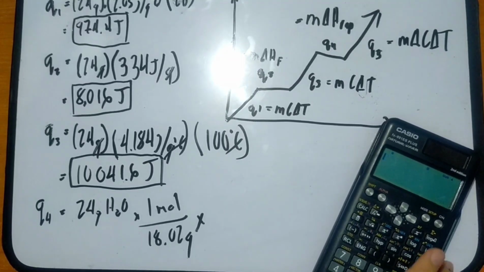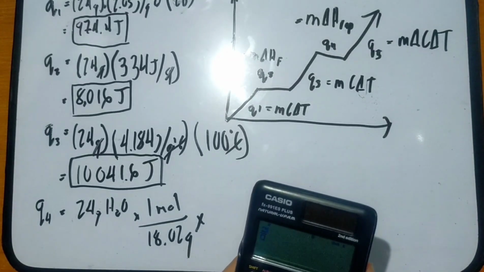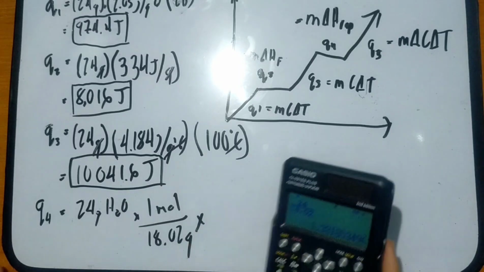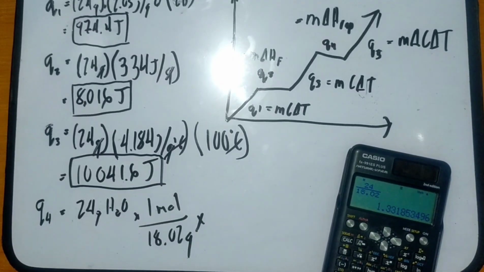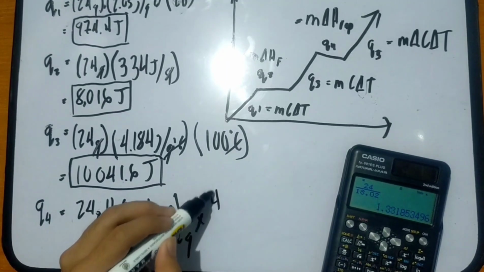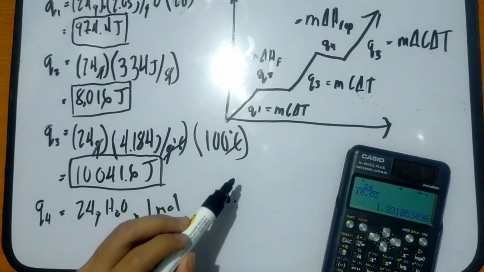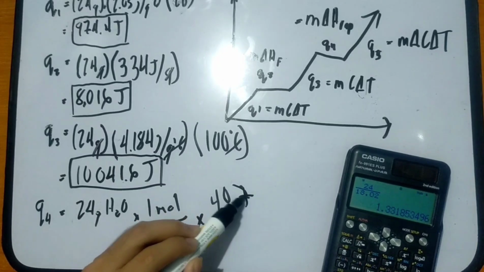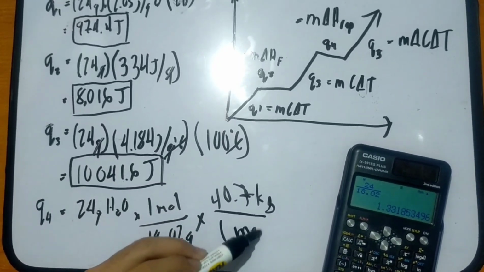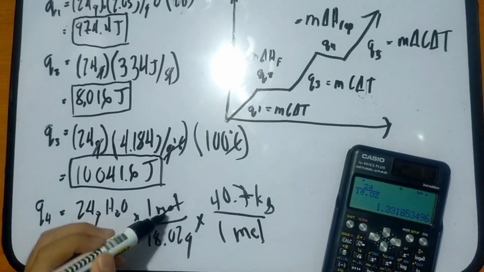Yan, calculate natin. 24 divided by 18.02 is equals to 1.33. Ngayon, tatimes naman natin siya dun sa equivalent niya, which is ang given natin is 40.7 kilojoules per mole. So, makakancel yung mole.